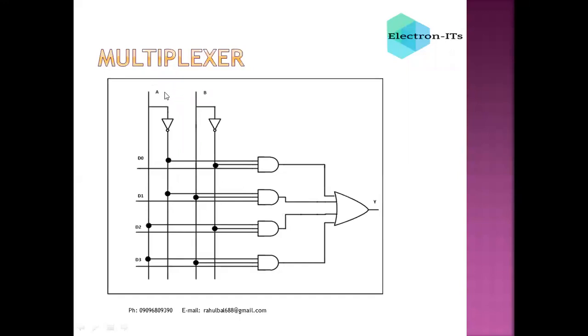When the AB combination is 1 0, the corresponding decimal value is 2. So whatever value is present at input D2 will appear at the output, so your Y will be equal to D2. And when the 1 1 combination occurs at the select lines, your D3 should go to the output. So this is how the multiplexer circuit behaves.